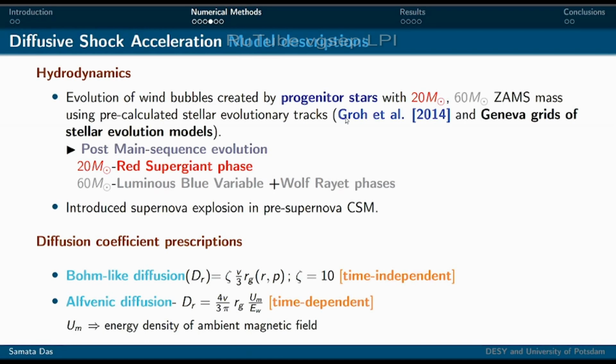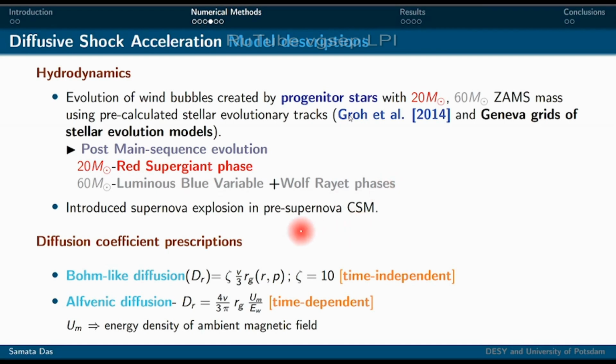Today I will show you the particle acceleration at the supernova remnant with progenitor stars of 20 solar masses and 60 solar masses. The 20 solar mass star evolves to the red supergiant phase after the main sequence, and the 60 solar mass star, which is a very massive star, evolves to the luminous blue variable and Wolf-Rayet phase after the main sequence.